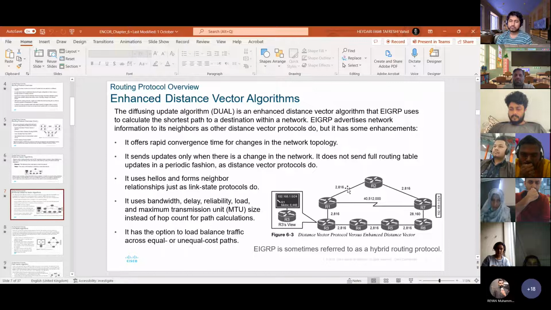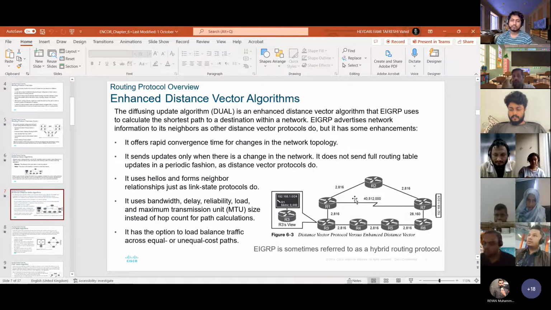We will send 50% of traffic this way and 50% that way. Both 50%. Together it becomes 100%. Equal cost. Each way is equal to another. You can have unequal cost path, whereby you send 80% of traffic this way and 20% that way. Make sense? Yes, sir.